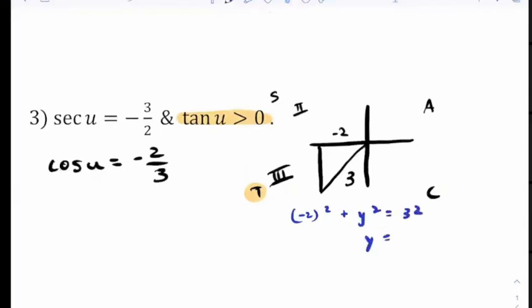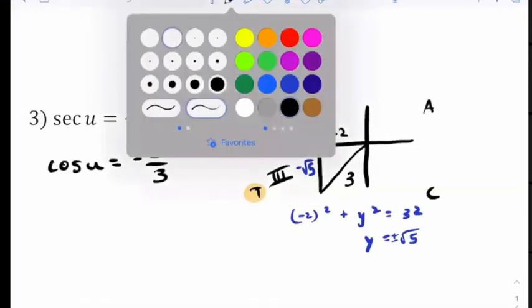Y would just be equal to plus or minus √5, that is. Well, the fact that we're looking at an angle that lies in quadrant 3 tells us that our y value has to be negative. Okay, so using this information here, we can continue to evaluate the rest of those functions.